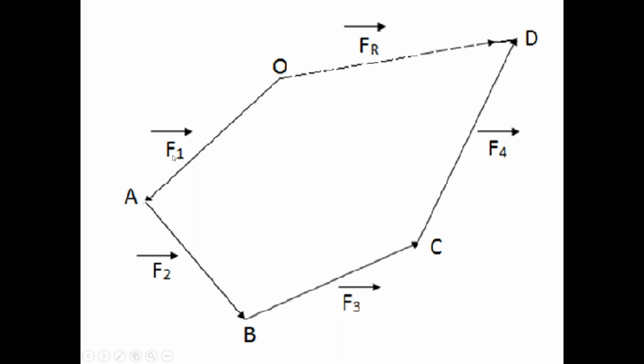Then represent force F2 bar graphically as the second side of the polygon. Just now I explained, a polygon is a geometric figure having a number of sides. So represent the force F2 bar as the second side of the polygon.